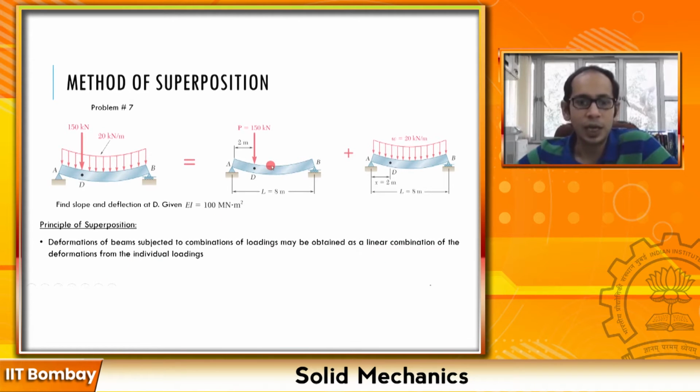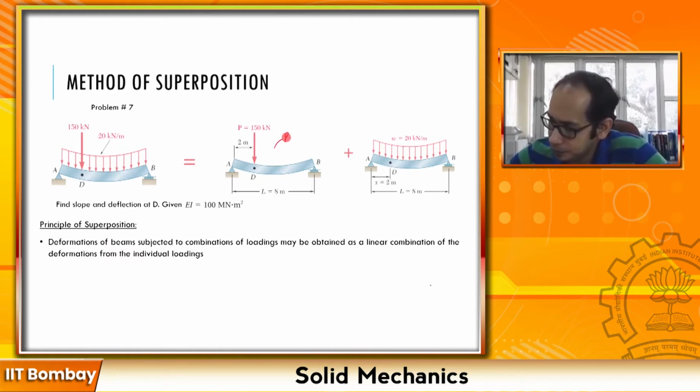At the point D, I compute the deflection for my beam 1, so let me mark these two beams: this is beam 1 and this is my beam 2, right?